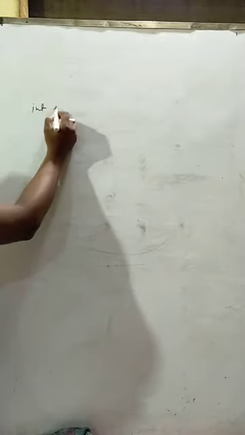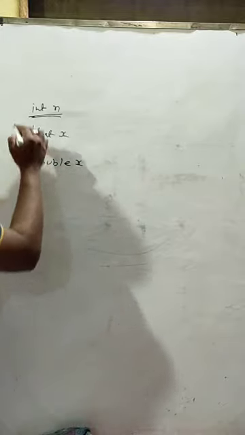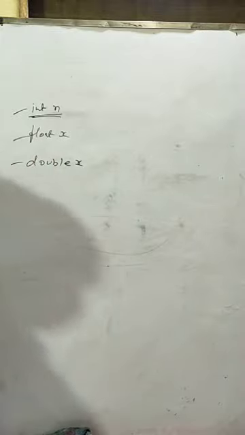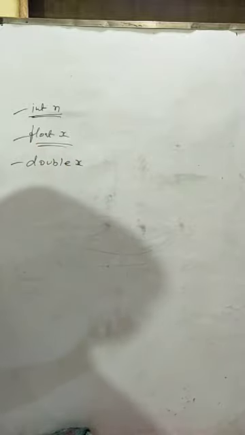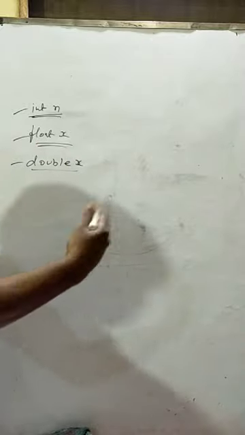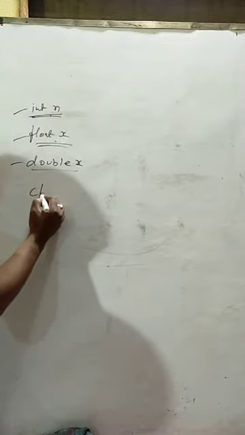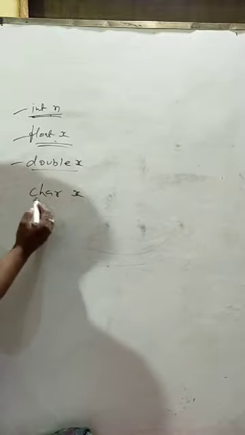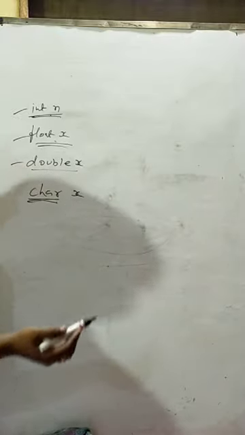Suppose we have to input an integer value, or a float value, or a double value. These are all different data types. Integer means only a whole number. Float means a smaller decimal number. Double means a large decimal number. Suppose we have to input a char, which is a character, a non-numeric value.